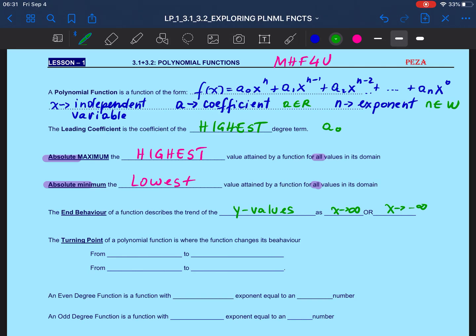Turning points of a polynomial function give shape to polynomial functions. And turning points occur in two different situations. When the function changes the behavior from increasing to decreasing and vice versa.